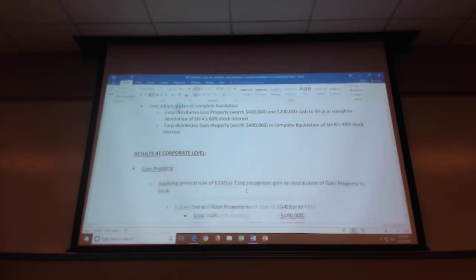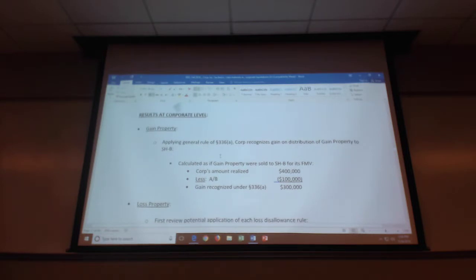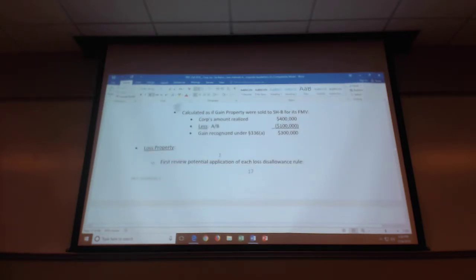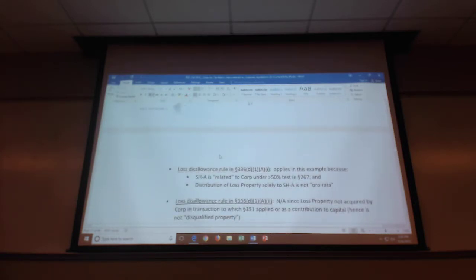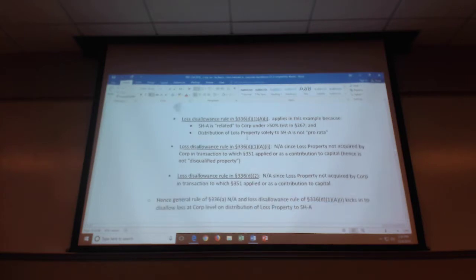So when you analyze this at the corporate level, the gain property, no change. It's not affected by any of these loss rules. The loss property, okay, here's where the fun begins. Three loss disallowance rules. We're looking at the first one, 336(d)(1)(A)(i), on the top of page 18.